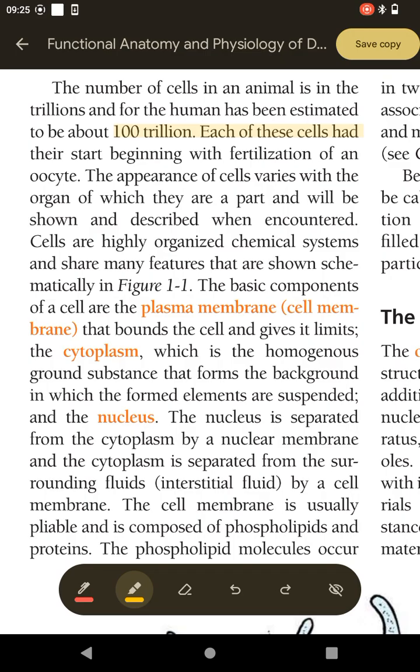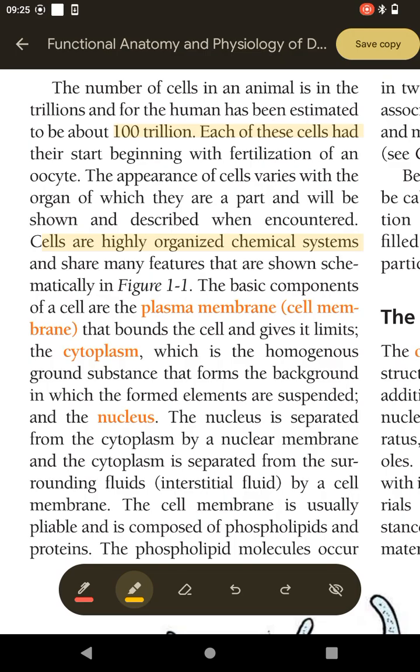The appearance of cells varies with the organ of which they are part, and will be shown and described when encountered. Cells vary in size, shape, and function.